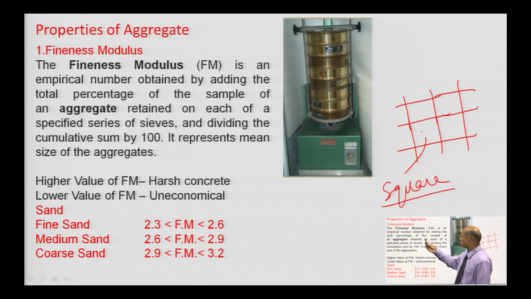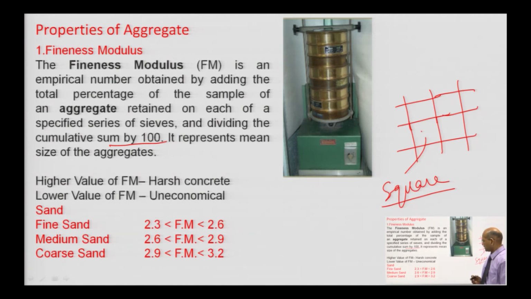Suppose you want to find the fineness modulus of a fine aggregate, all-in aggregate or coarse aggregate, you sieve it and see the cumulative retained material, the percentage retained. So, say 10%, 20%, 100%. Add all that and divide by 100, and that number you will get is called the fineness modulus.